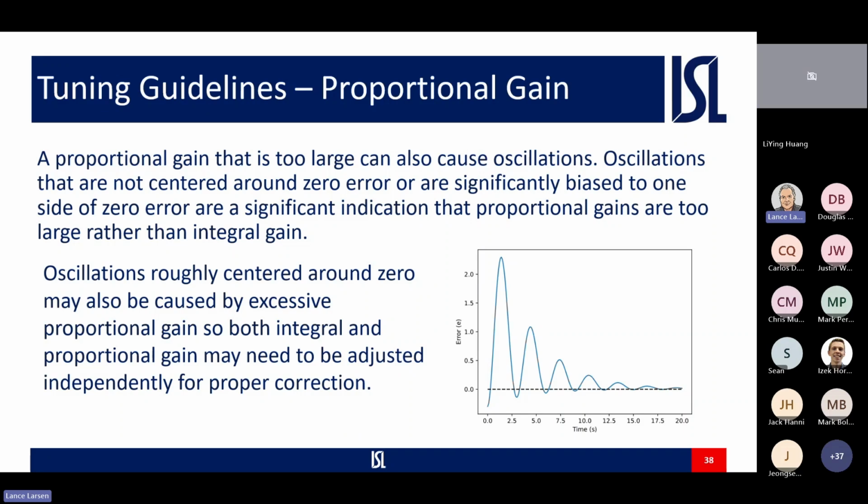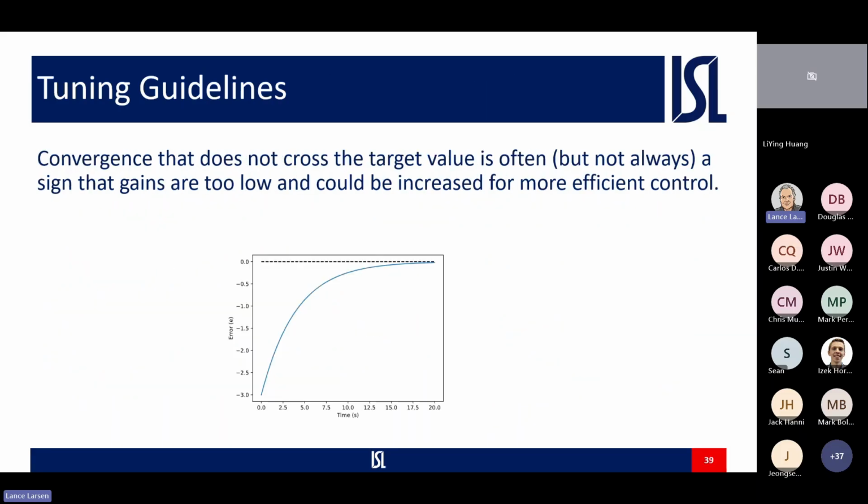So you sometimes have to adjust both independently to see what brings you more into line. But if it's not centered around 0 or is biased significantly away from that, it's a pretty good sign it's not your integral as much as your proportional.